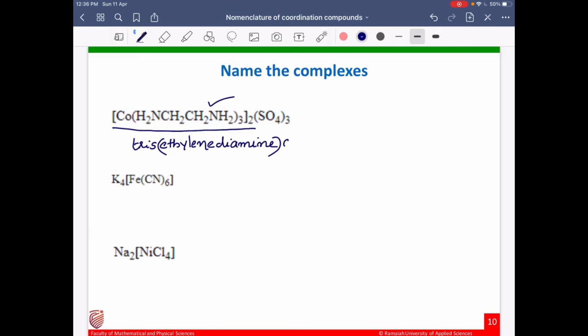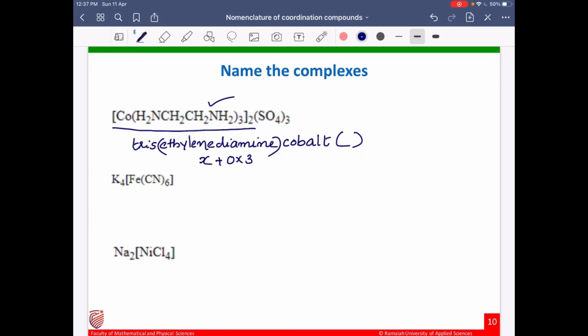Now next is the metal cobalt. Cobalt is part of the cation, so we can write cobalt as such. Now next step, we have to give the oxidation state. How to calculate the oxidation state? For cobalt, I don't know the oxidation state, that is X. Ethylene diamine doesn't have any charge, so 0 into 3, right? Now how many complex ionic parts are there?